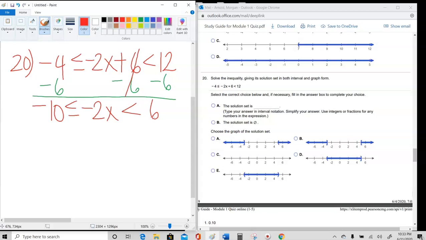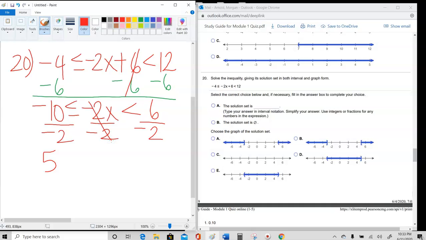We're still trying to get x by itself. So we need to divide all 3 parts by negative 2. That gives us 5.